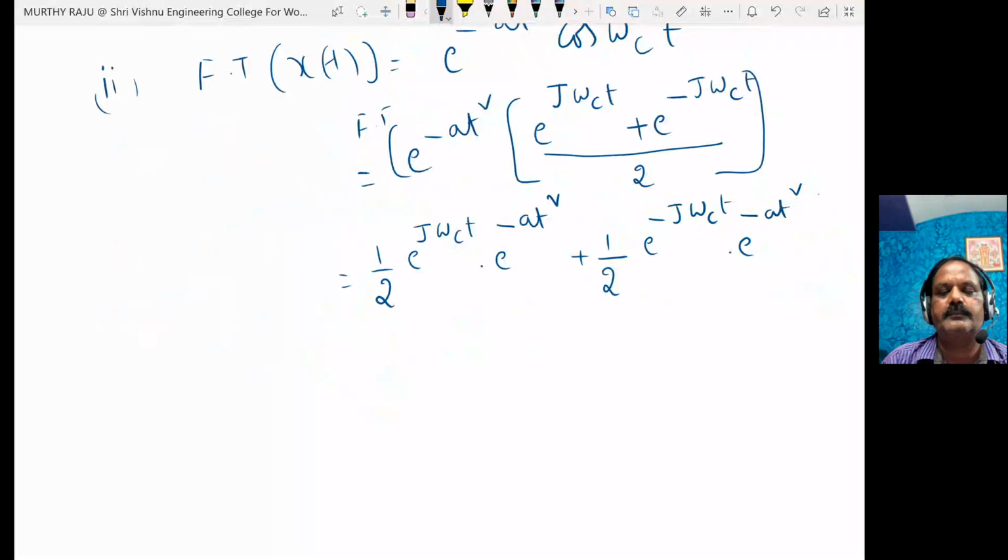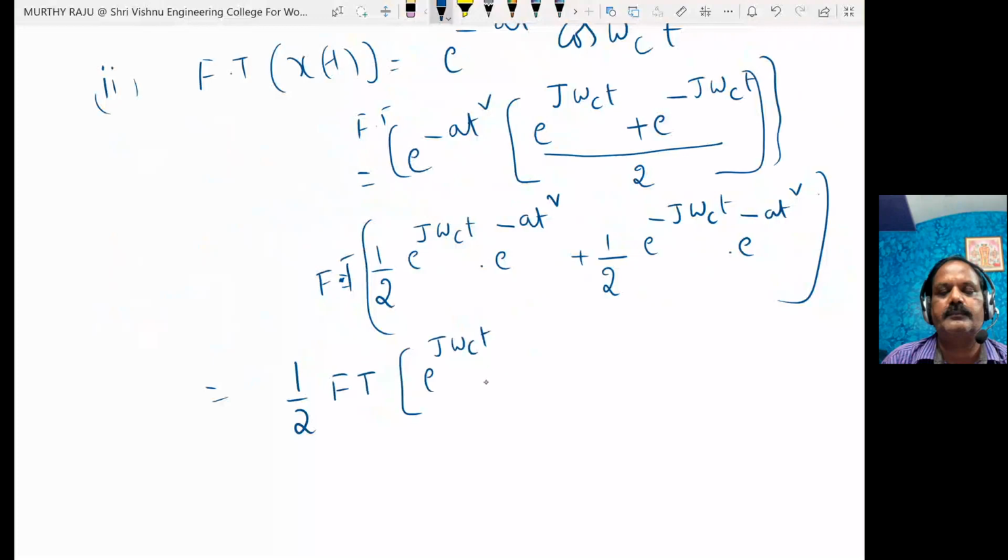Fourier transform of this one is also the Fourier transform of this one. Therefore, 1 by 2 Fourier transform of e power j omega ct into e power minus at square plus 1 by 2 Fourier transform of e power minus j omega ct e power minus at square.